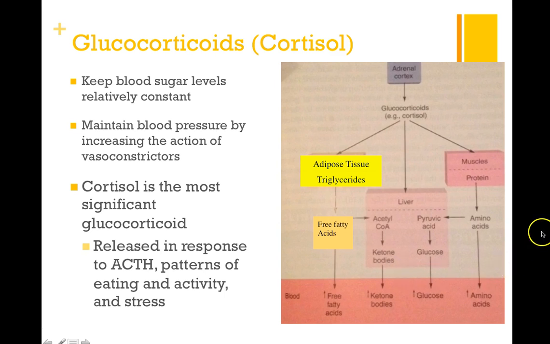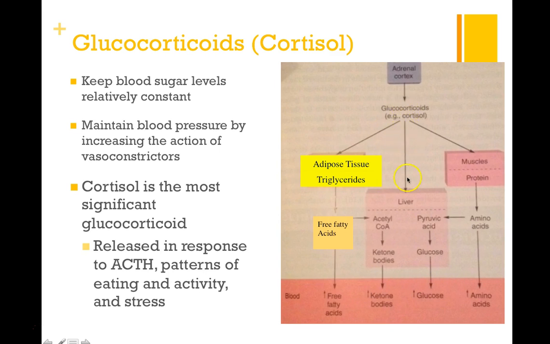So you could see some of the pathways that cortisol will take, targeting our adipose tissue and triglycerides, which will then catabolize them into free fatty acids, which increases the amount of free fatty acids we have within our blood. They can also take this pathway, creating increased ketone bodies in our liver, or released from our liver.